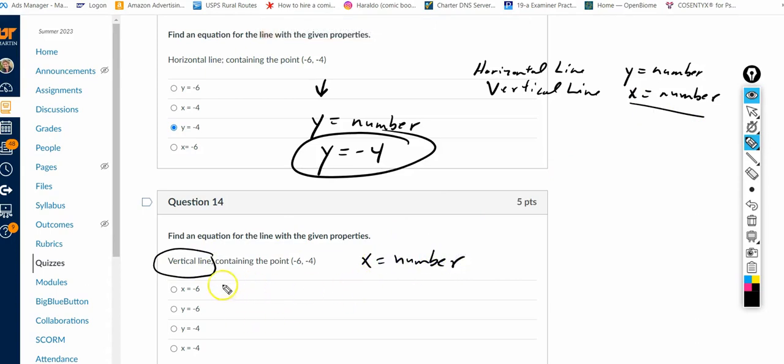So instead of vertical line, you could have been given, find an equation for a line that is perpendicular to the x-axis. That's a vertical line. Or parallel to the y-axis. That's a vertical line. But find an equation for a vertical line, so x is equal to a number containing this point. Well, there's your x coordinate. So we need x is equal to -6.